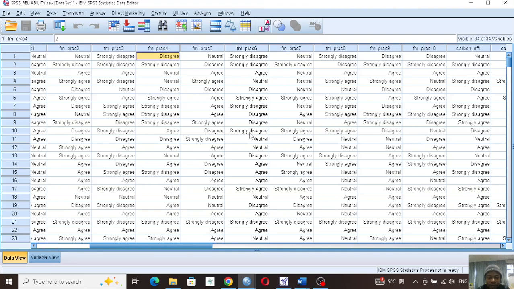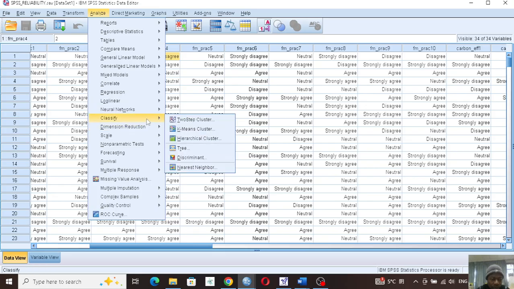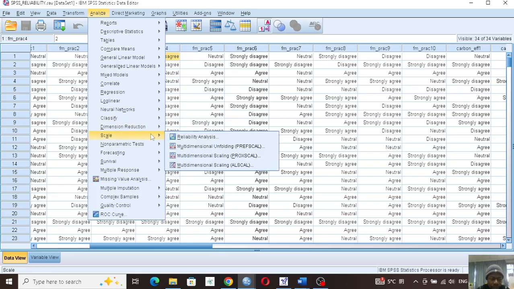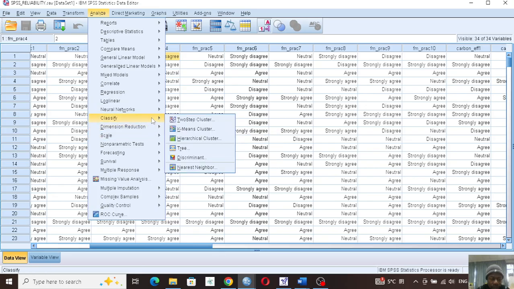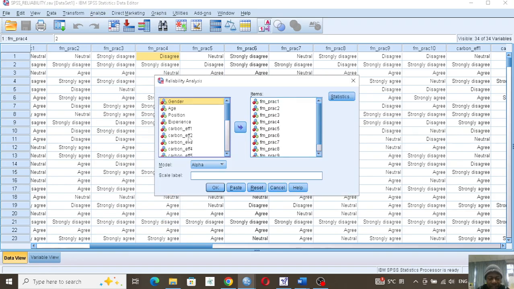To perform reliability analysis, we go to analyze, then we come to scale and then reliability analysis. So this one I have already performed it before. That is why you could see it being here.